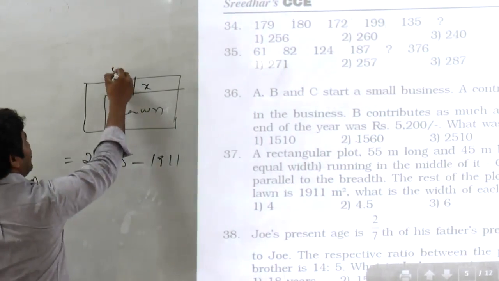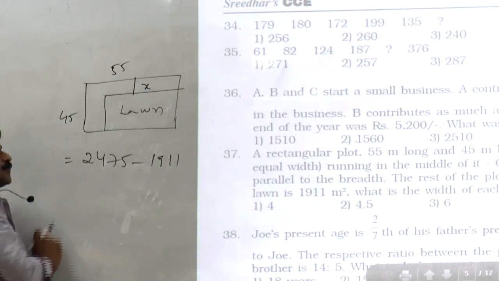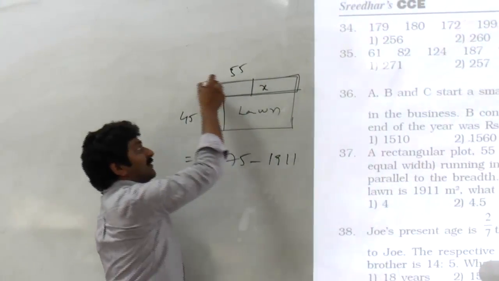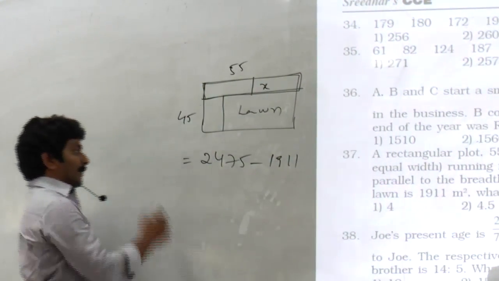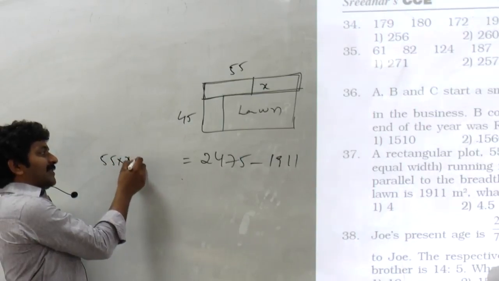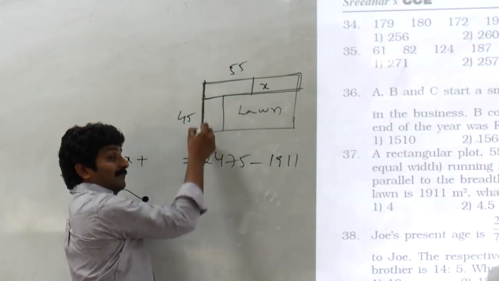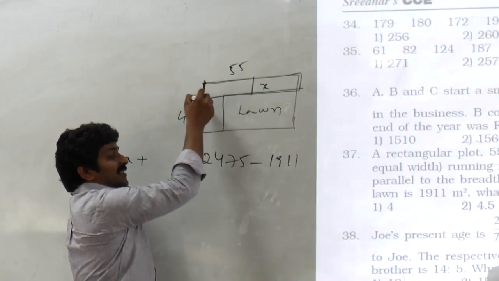Length is 55, breadth is 45. So this area becomes 55 into x, plus this is 45 and this area is x.